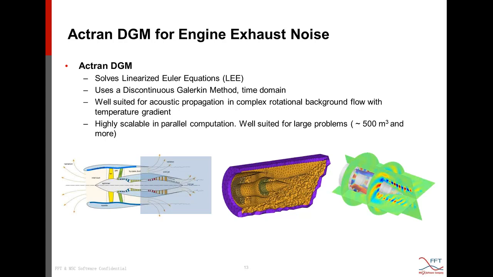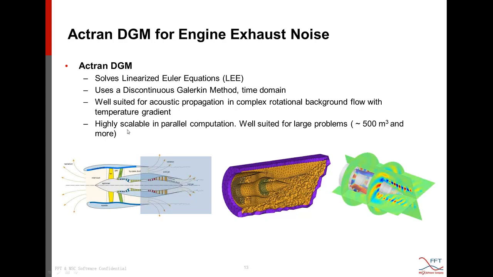So acoustic propagation through this flow will not be handled correctly using the conventional finite element method that solves the convected Helmholtz equation. So here we will solve a linearized Euler equation using DGM in a time domain approach. Although we work in time domain, we can still convert the final acoustic result into frequency domain and have access to the tonal result created by the turbine.